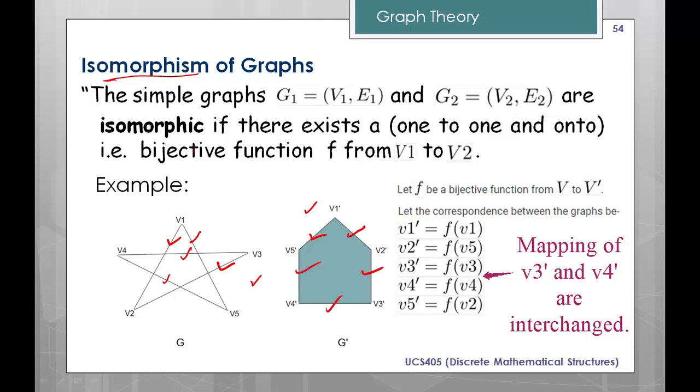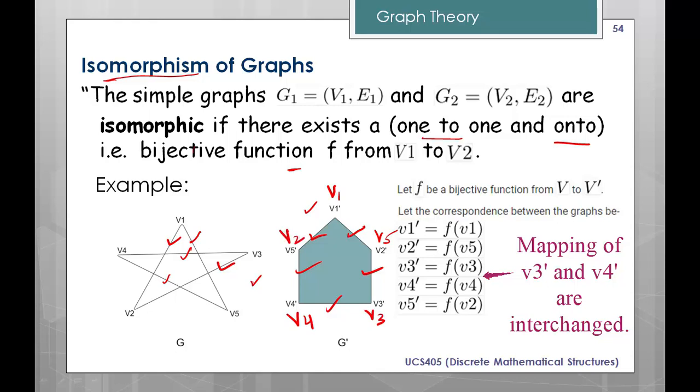Now the next point, the last and most important one, is that there exists a one-to-one and onto mapping, that is, the function is bijective. If V1 dash is f of V1, then V1 dash is V1 here, V2 dash is V5, V3 dash is V3, V4 dash is V4 and V5 dash is V2.